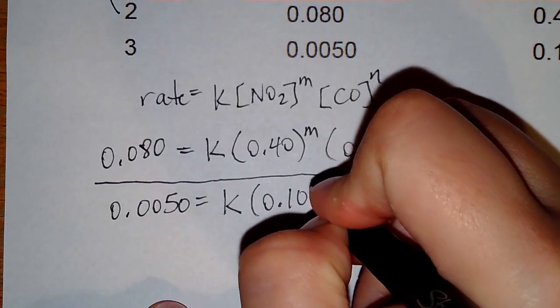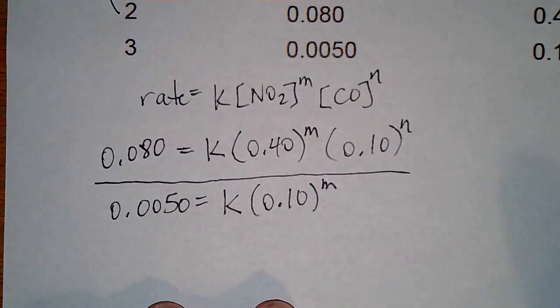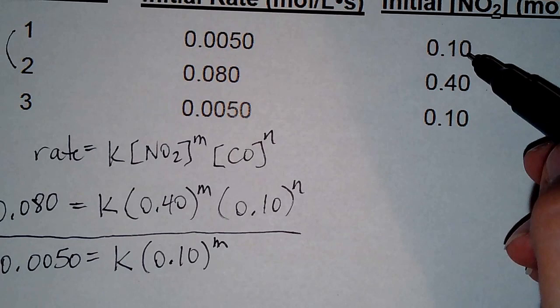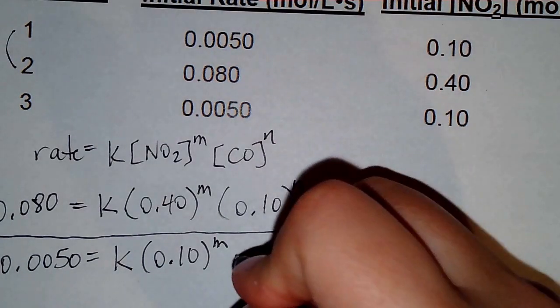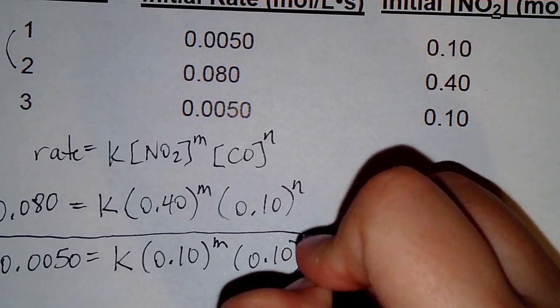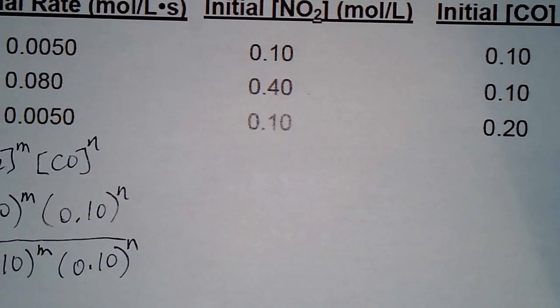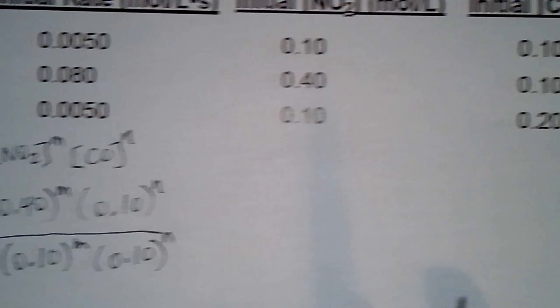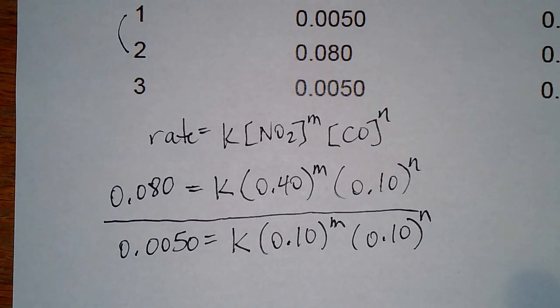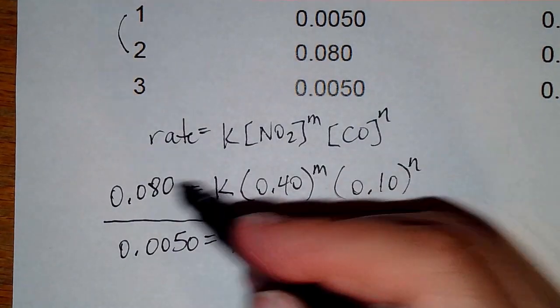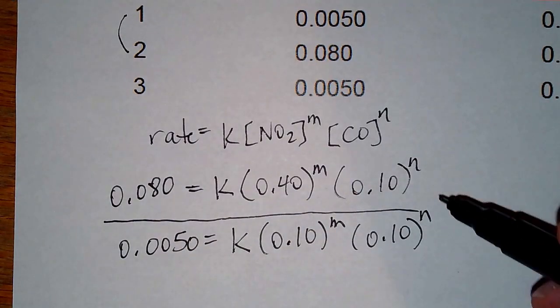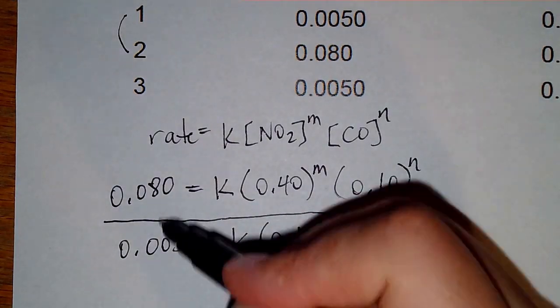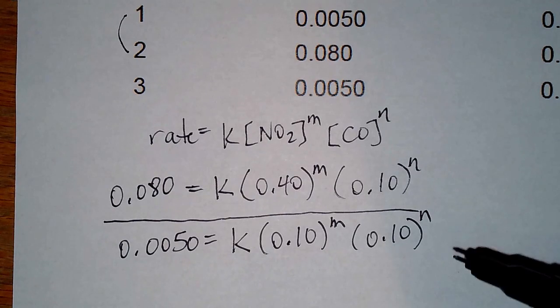So this is my NO2 concentration times 0.10 to the N power. This is my CO concentration for the first experiment. Alright, so I've set up my proportion here, and since everything is multiplied, I can now cross out things that are on the top and bottom, just like I would with any other expression.